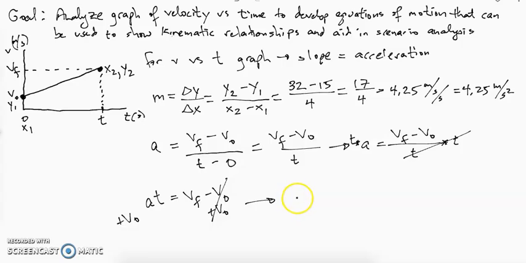And what we get is VO plus a times t equals VF. And this is a times t. Or you could write it, instead of with a little star there, inside parentheses, a and t. And this is an equation that is worth memorizing because you'll end up using it a lot.